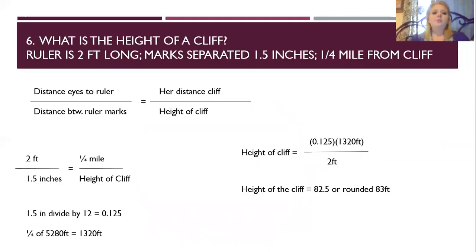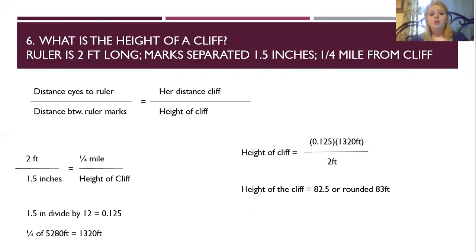Next, it says, what is the height of a cliff? Okay, so basically there is a girl standing at a distance from a cliff, and she's looking through a 2-foot ruler and seeing 2 different points. Her distance from the cliff is 1/4 of a mile.